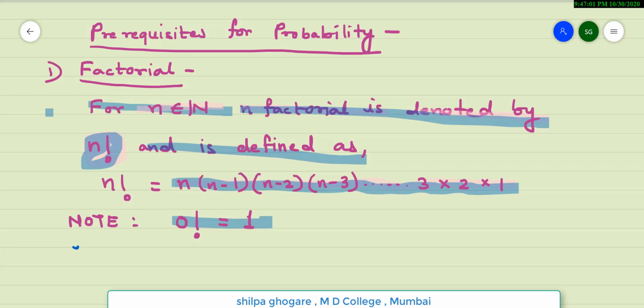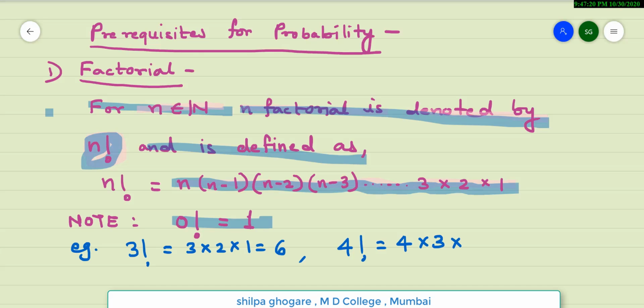Let us see the examples. For example, 3 factorial is 3 into 2 into 1, which is 6. Whereas 4 factorial would be: start with 4 and go on reducing the number.